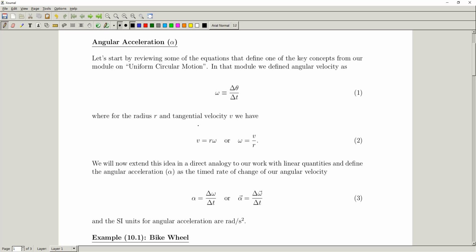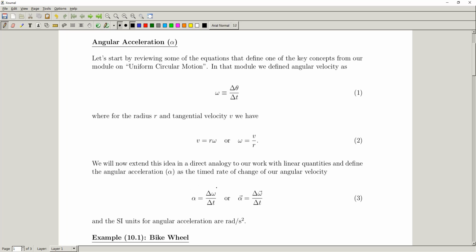So this is useful. Now we're going to define this idea of an angular acceleration. We had an angular velocity, which we could understand in analogy to the linear idea of velocity, and now we define an angular acceleration, right here.